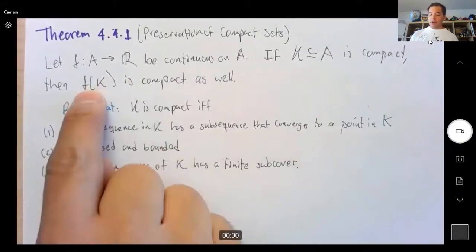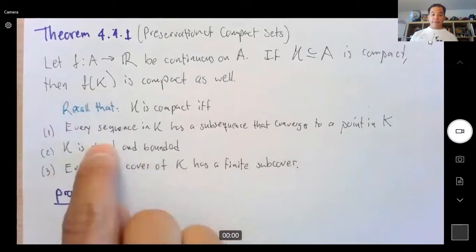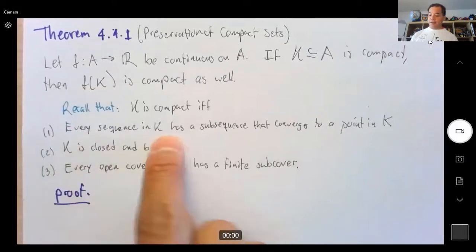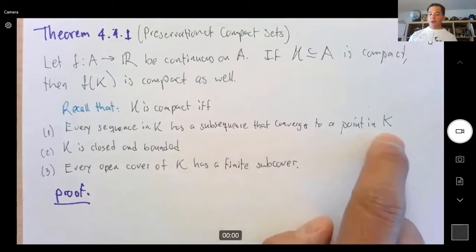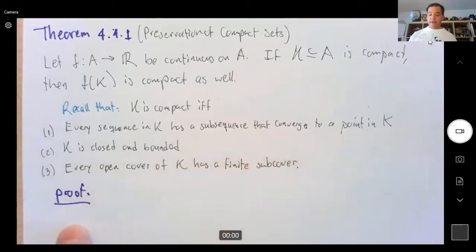At some point, I should use that the function is continuous, and I should use that K is compact. If I don't use those two properties, then I cannot expect to get the conclusion that I want.